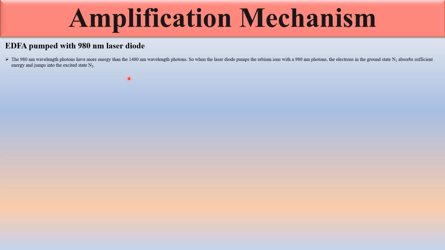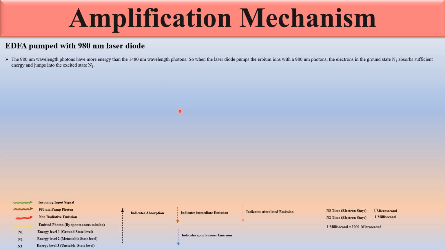We will discuss 1480 in detail later. So let's concentrate on 980 nm laser pumping. I have made these symbols to indicate their meanings. The green one is for the incoming input signal. The brown one is for 980 nm pump photons. The red one is for non-radiative emission. The yellow one is for photons emitted by spontaneous emission.